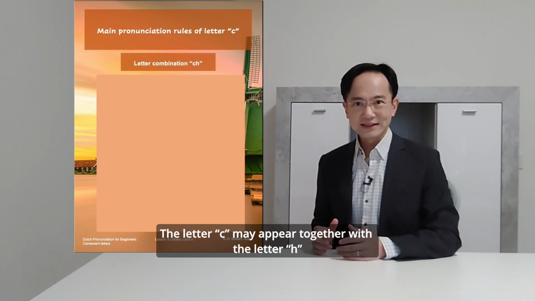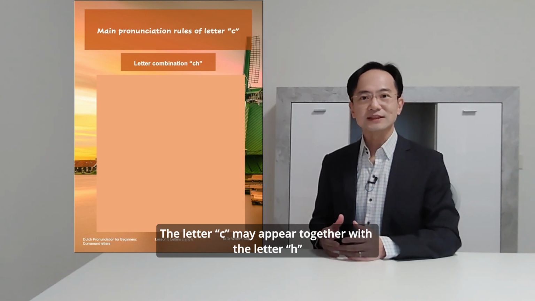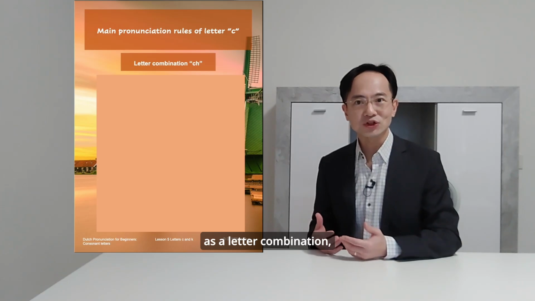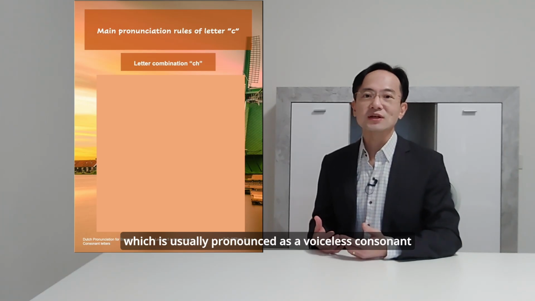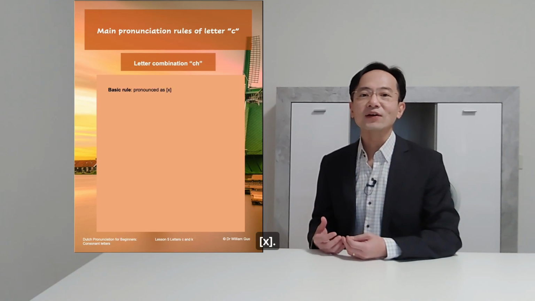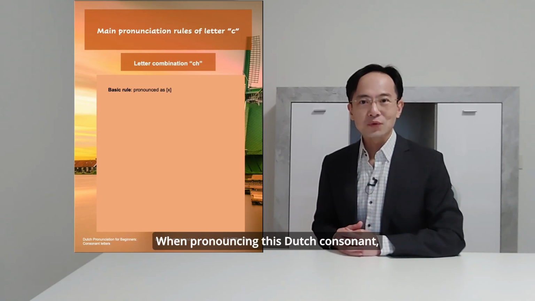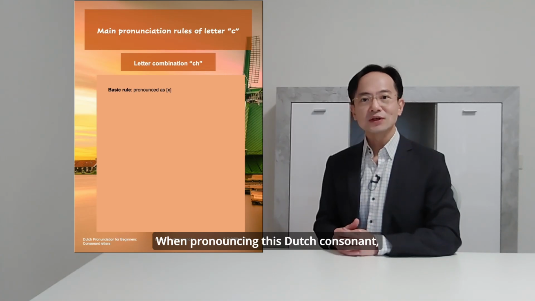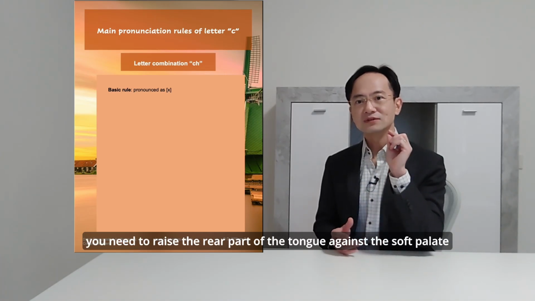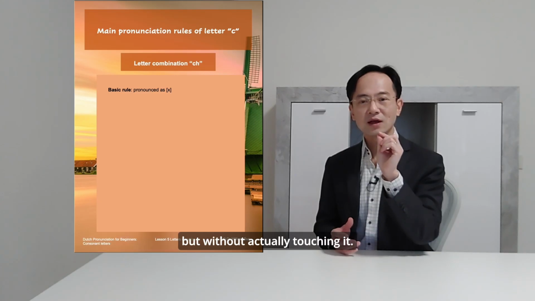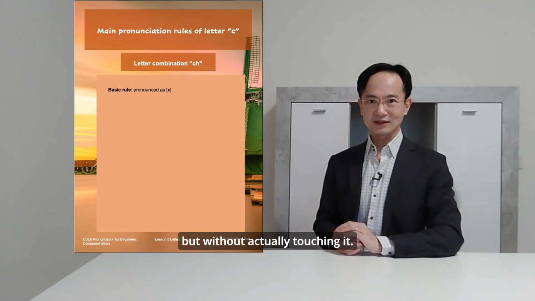The letter C may appear together with the letter H as a letter combination, which is usually pronounced as a voiceless consonant H. This consonant does not appear in English. When pronouncing this Dutch consonant, you need to raise the rear part of the tongue against the soft palate, but without actually touching it.